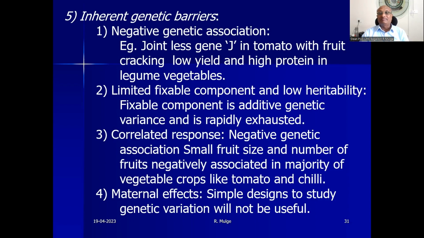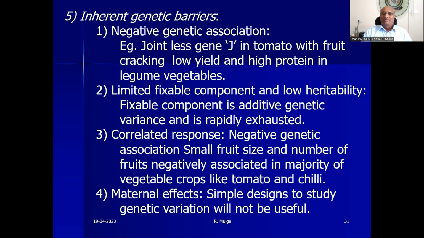In many cases, like low yield and high protein in legume vegetables, whenever you are looking for higher yielding varieties, you are going to lose the protein content of that variety. So this is a negative association between these two characters. Like that, you have plenty of examples of negative genetic association.